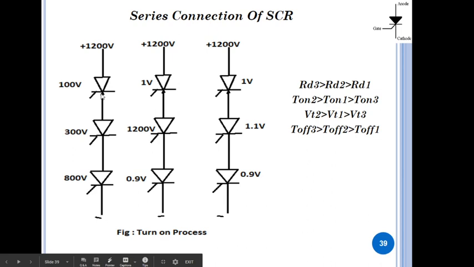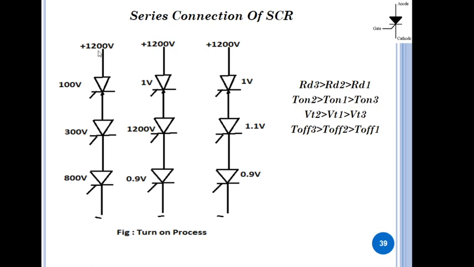We connect a number of SCRs in series connection and we are going to turn on those SCRs. To turn on the SCR, we apply forward voltage across the string, according to our requirement.